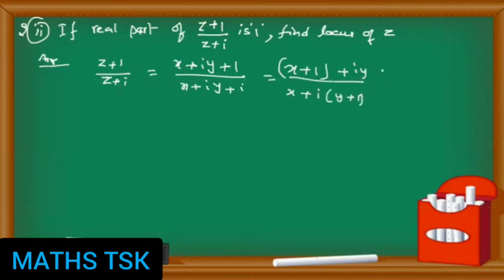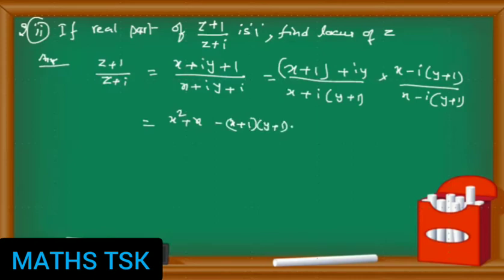Multiply and divide with x minus i into (y plus 1). Then we can write this as (x plus 1) into x is x square plus x. This into this is minus (x plus 1) into (y plus 1) into i. Then plus xyi, and minus i square becomes plus (y square plus y) by the denominator, which becomes a square plus b square.